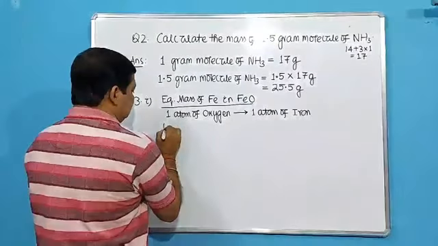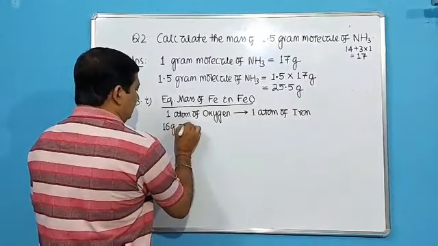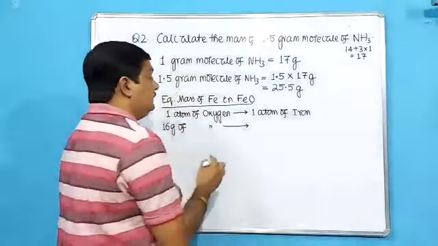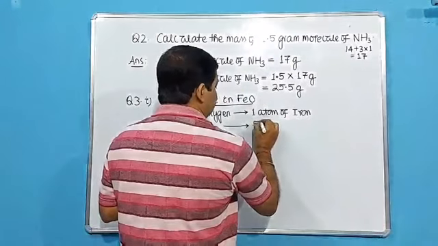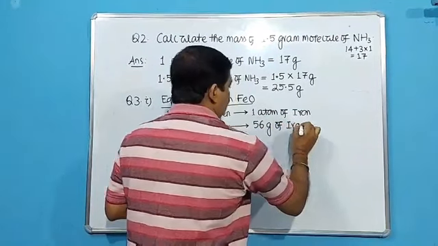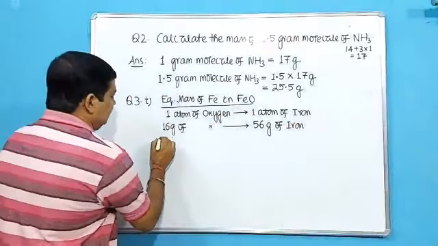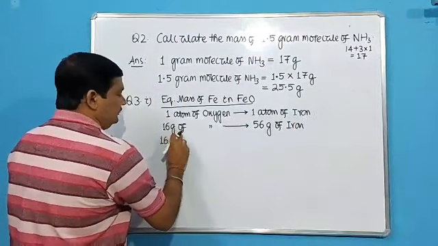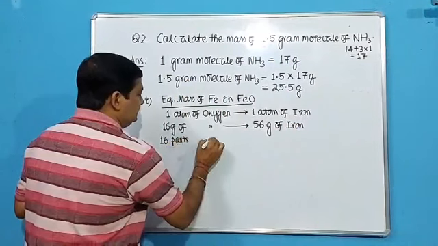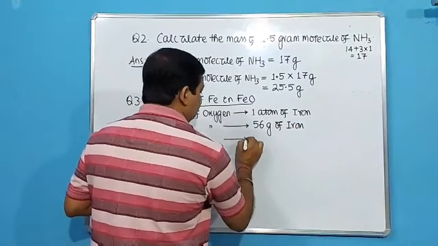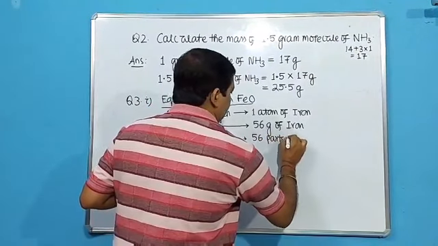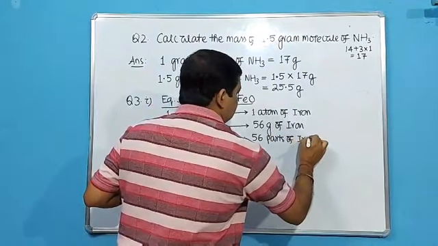What is the atomic mass of oxygen? Atomic mass of oxygen is 16. So 16 gram of oxygen combines with, what is the atomic mass of iron? Now 56. 16 gram of oxygen combines with 56 gram of iron. We have to convert gram into parts so that it will be easier for you as per definition. 16 parts of oxygen combines with 56 parts of iron.